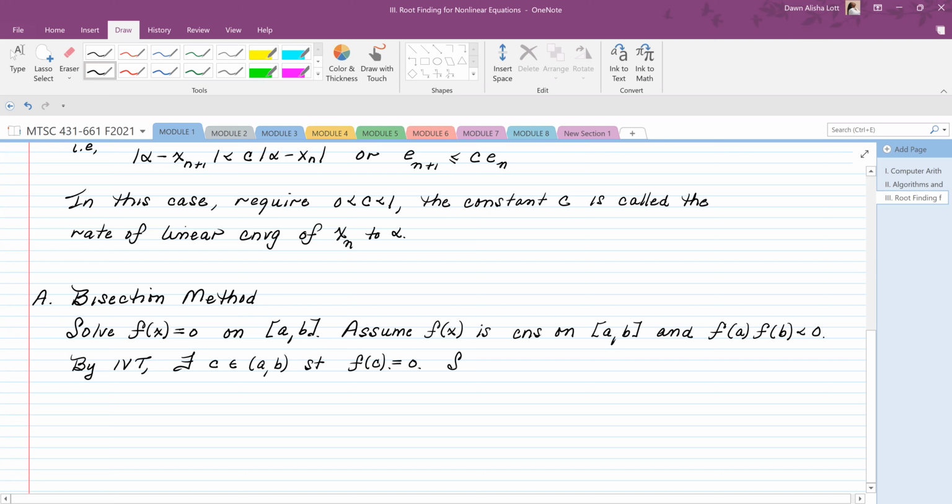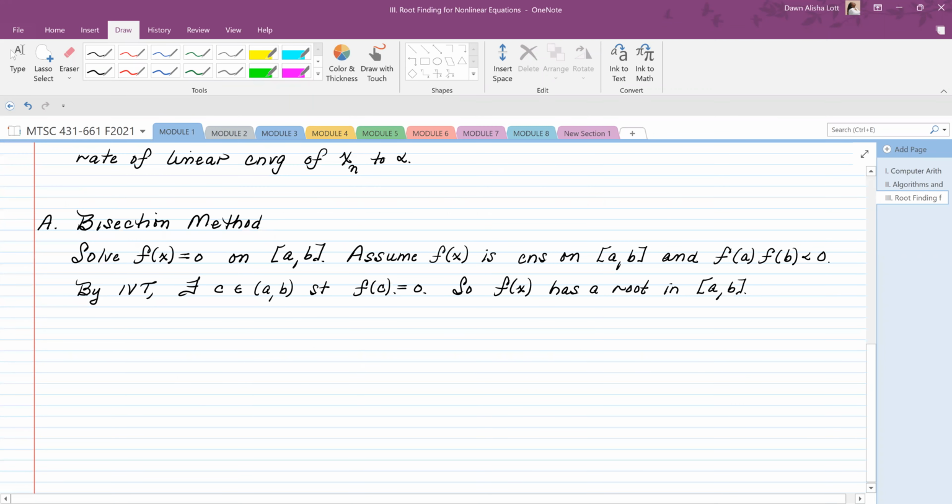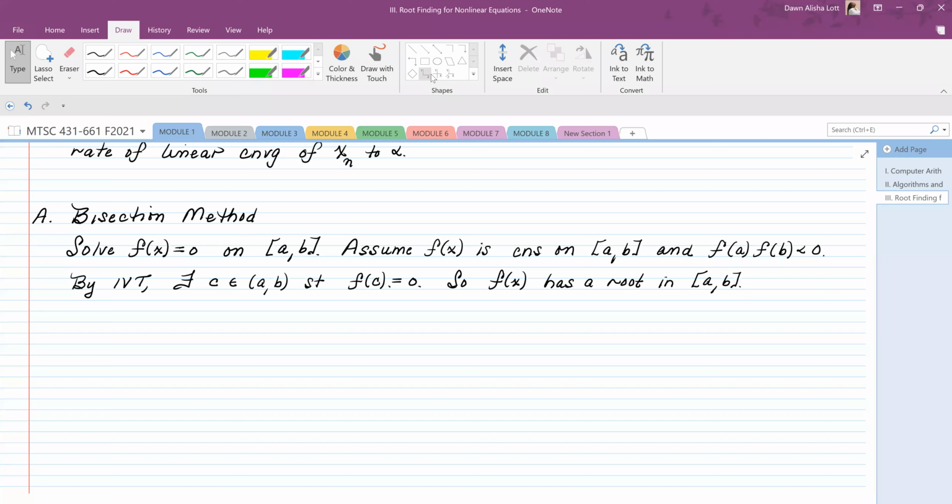So we know that f of x has a root inside the interval AB. Now, there's no point in trying to even do this algorithm if this is not true. So that's why we need that little bit of theory there.